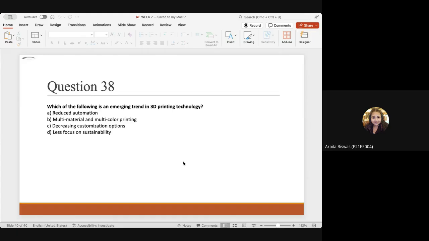So the right option is option B, multi-material and multicolor printing.